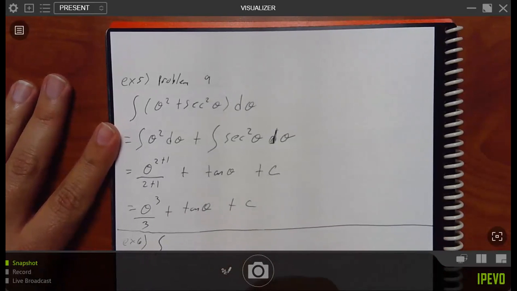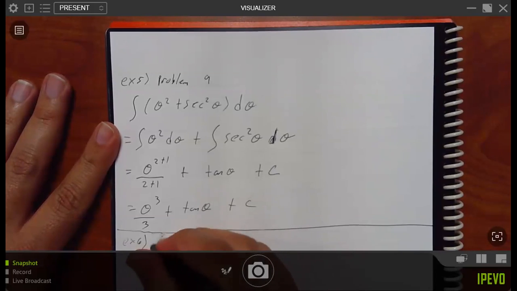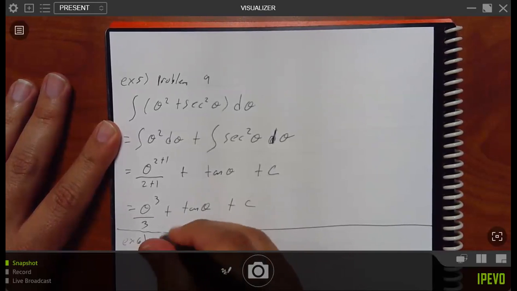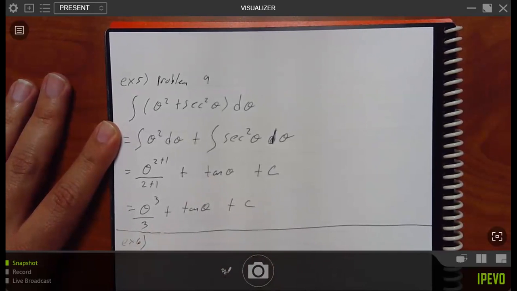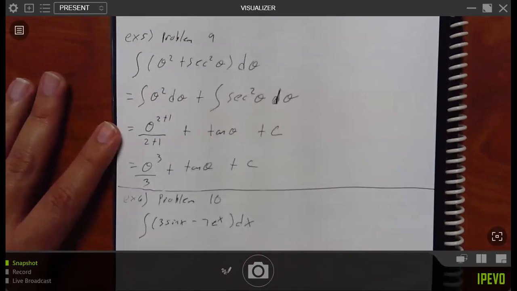Integral of, this is number 10. Let me write that down. Integral of 3 sine x minus 7 e to the x dx.